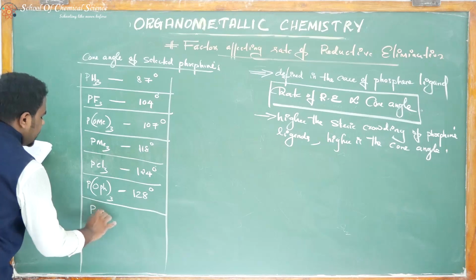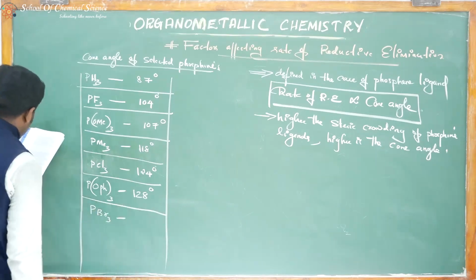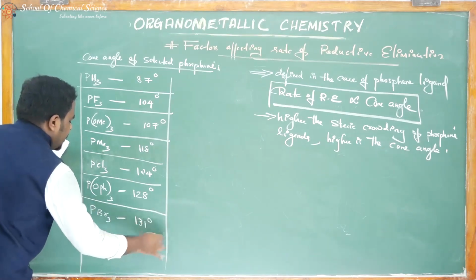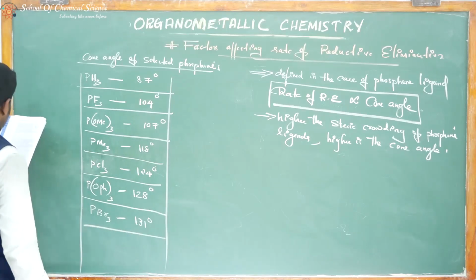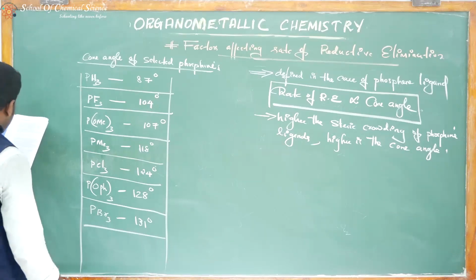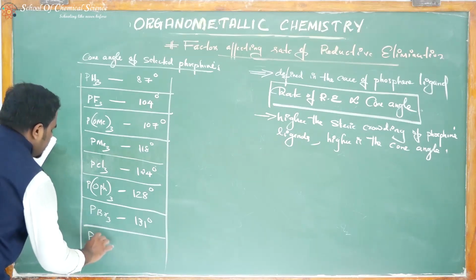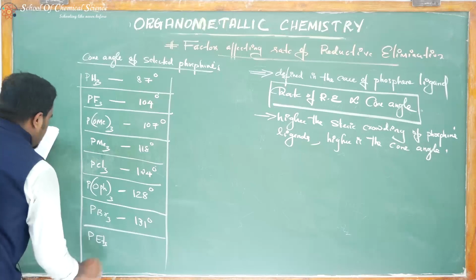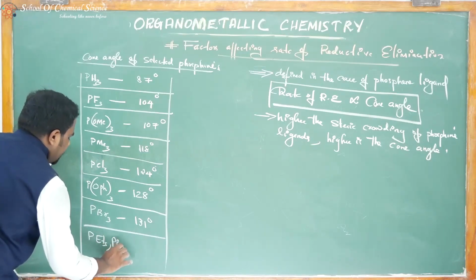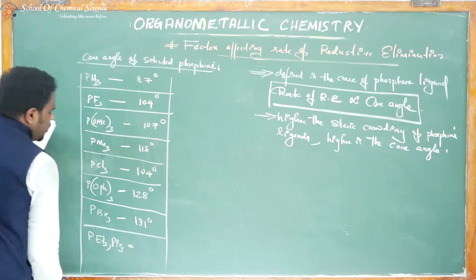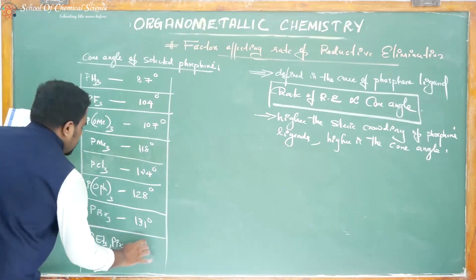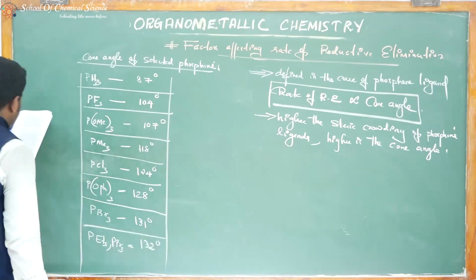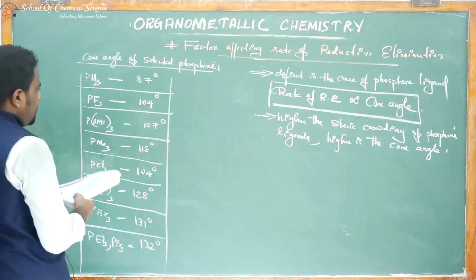Then PBr3, 131 degree. That is the Tolman cone angle. Then PEt3 and PPr3: ethyl group and propyl group, both having 132 degree, comparatively the same.